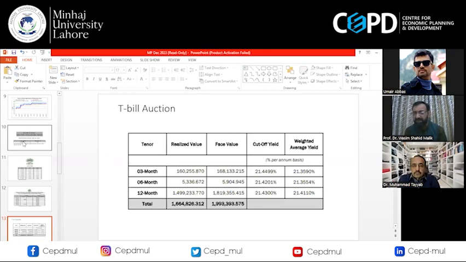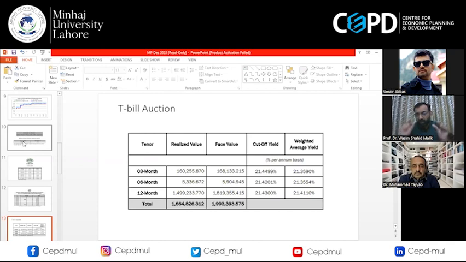And then 12-month is 21.411%. So if you look at this, then the T-bill with longer maturity has lower interest rate. Normally, longer maturity T-bills have higher interest rates. That's why the yield curve slopes upward. That is, short-term interest rate is low, whereas long-term interest rates are higher.